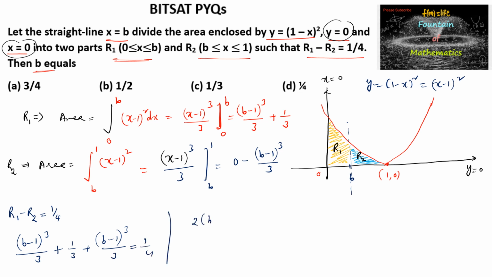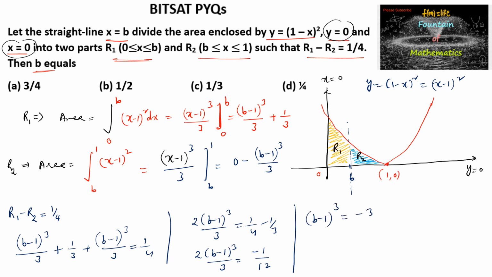That is 2 times (b minus 1) whole power 3 upon 3 is equal to 1 by 4 minus 1 by 3. So we can write 2 times (b minus 1) whole power 3 upon 3 is equal to (3 minus 4), that is negative 1 upon 12. So we can write (b minus 1) whole power 3 is equal to minus 3 by 12 into 2. So we can write negative 1 by 8.